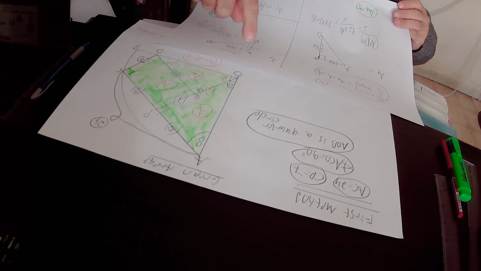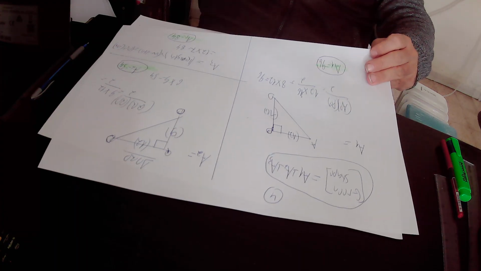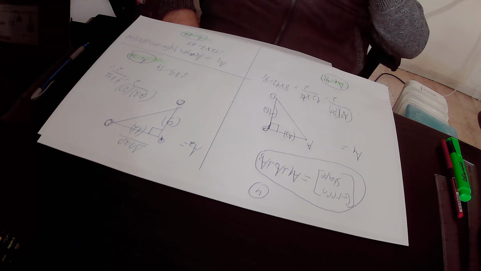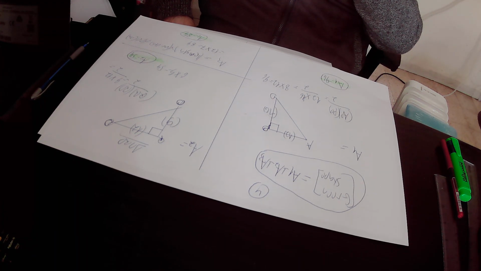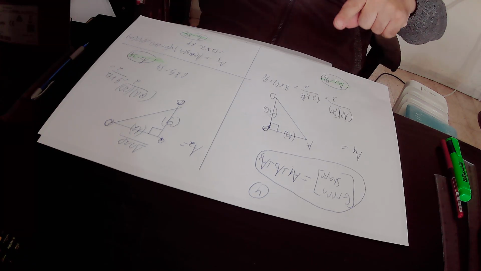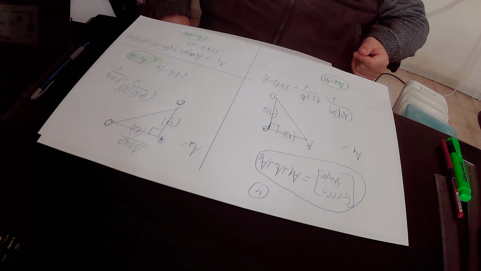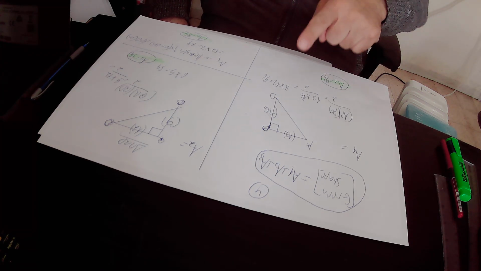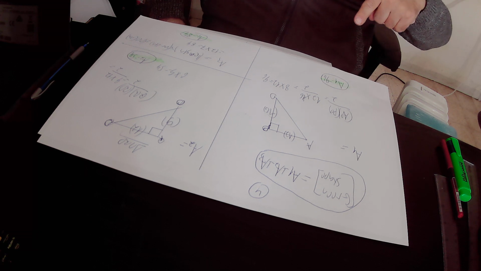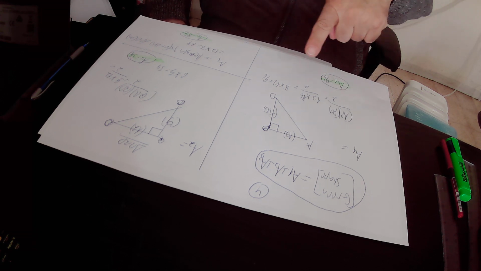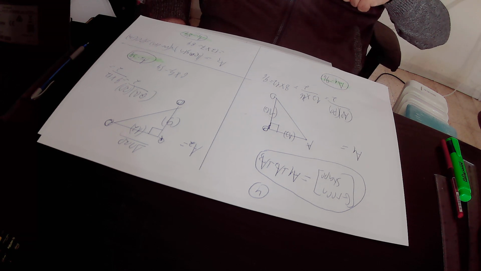A1 is the area of the green right triangle APO, so I copy the green triangle APO here and find the area of this right triangle. Side AP equals 12 units. PO equals x plus 7, and x is 9, so PO equals 9 plus 7, that is 16. So A1 equals AP times PO over 2.